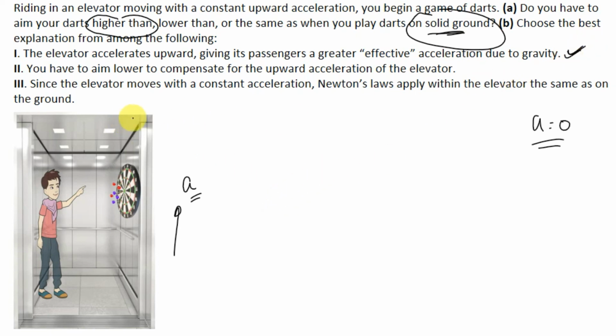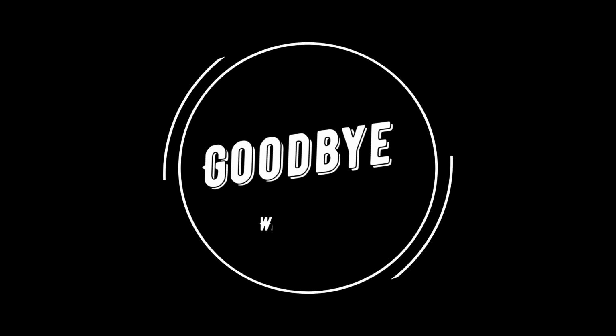Other two options, if we see, the second option says that you have to aim lower to compensate for the upward acceleration of the elevator. This is totally wrong. Next it says that since the elevator moves with constant acceleration, Newton's laws apply within the elevator the same as on the ground. So this statement is also wrong. Only this one is correct.